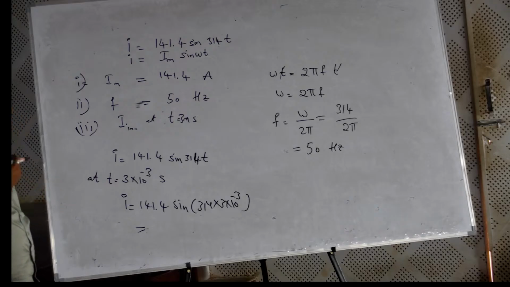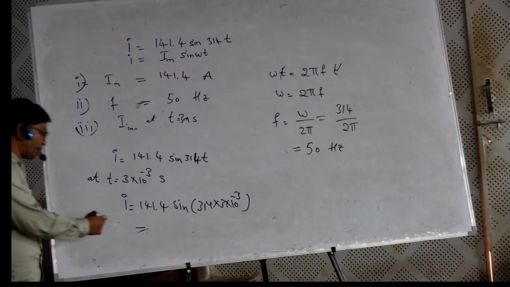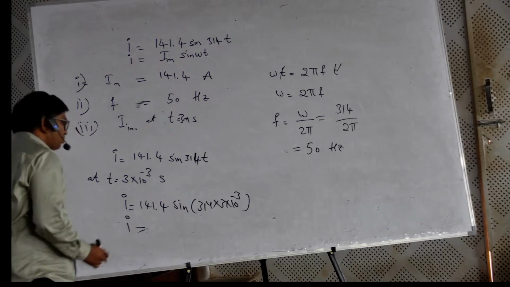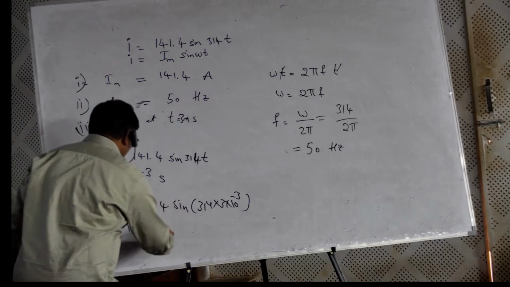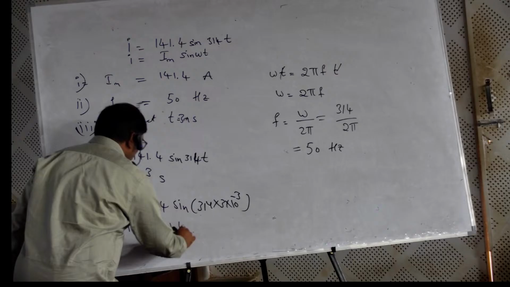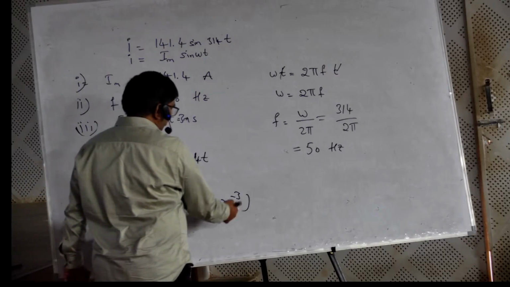314 into 3 by 1000. That means you will get 0.9 something. Now I is equal to 141.4 sine of 314 into 3 by 1000.